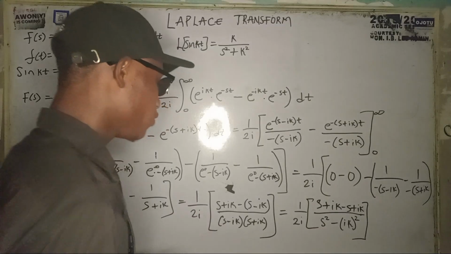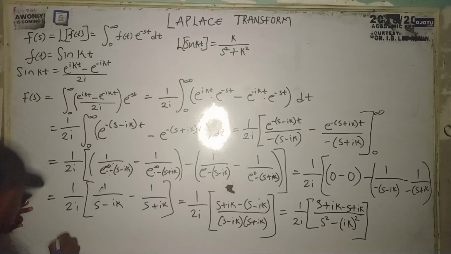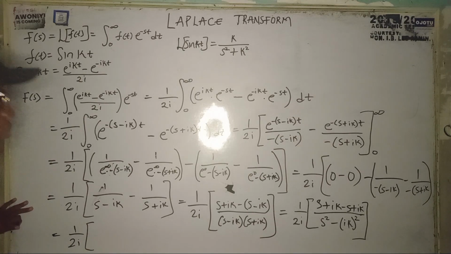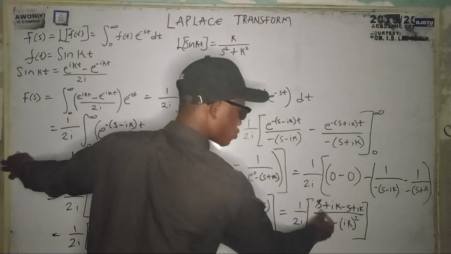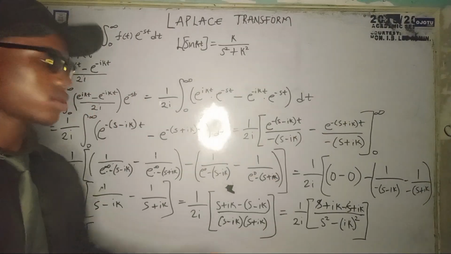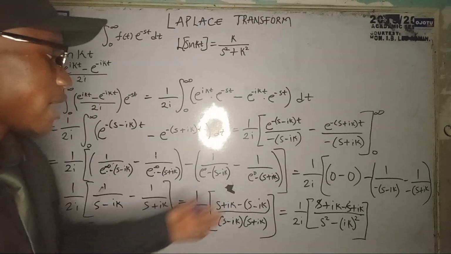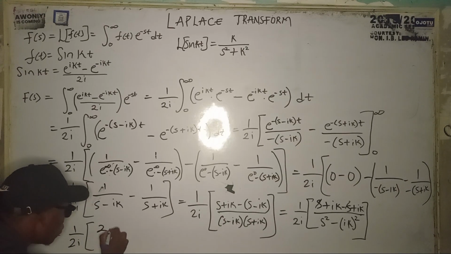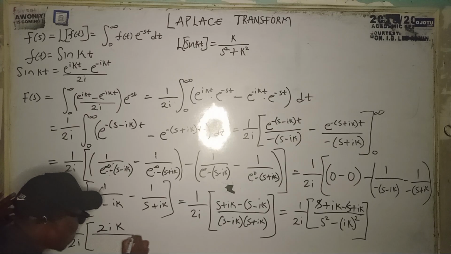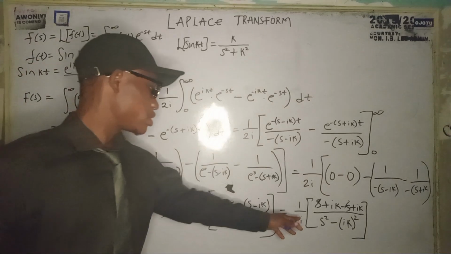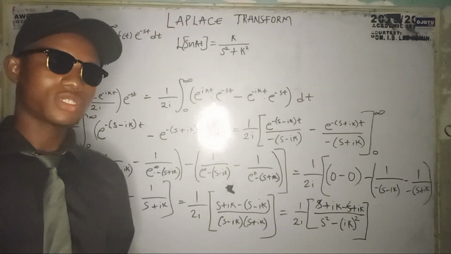So if we move on, the simplification of this is going to give us 1 over 2i into brackets. Now s minus s is already gone, so we have 2ik, which is ik plus ik, over s square minus... now remember I mentioned earlier that i here is the imaginary unit, which is the square root of minus 1.